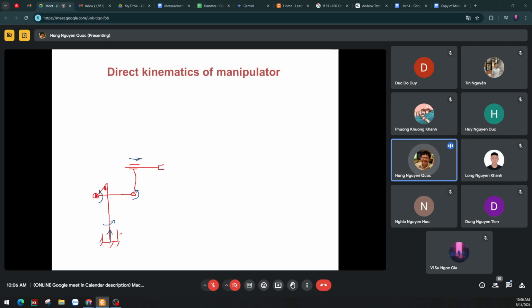This I'll call 0. And this is 1. We don't know exactly what the point is, but we just say this is 1, this is 2, and this is 3.